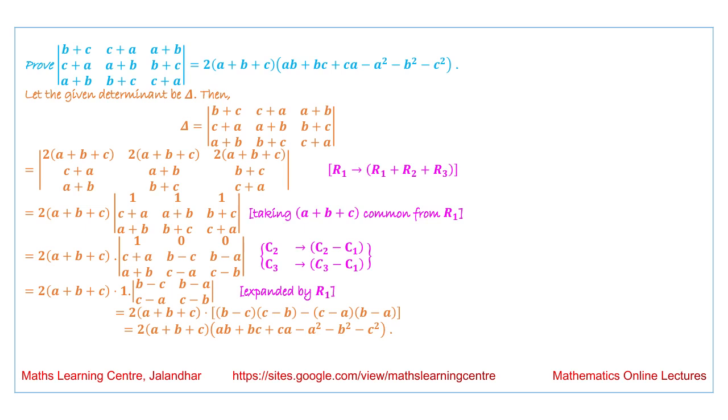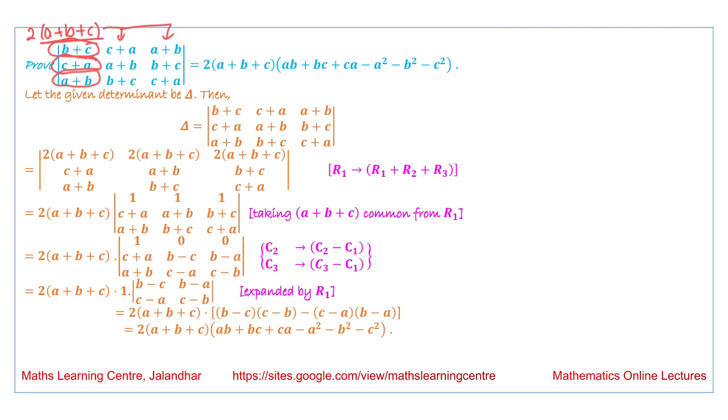So suppose we are performing the operation where we have added the first column, this is b plus c, this is c plus a, and this is a plus b. If we add all these values, the answer we will obtain is 2 times a plus b plus c. Similarly, if you add the elements of this second column, you will get the same answer. If you add the elements of this third column, you will get this answer.